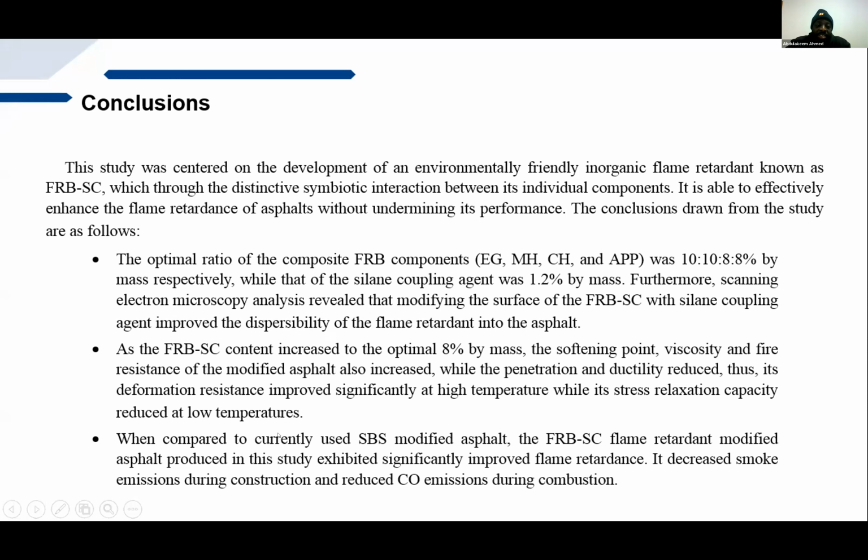When we compare this study to the currently used SBS modified asphalt in the tunnels in China, we can deduce that by adding this modifier to the asphalt, we will be able to improve the heat-related properties as well as reduce the dangerous gases emitted during combustion. Thank you.